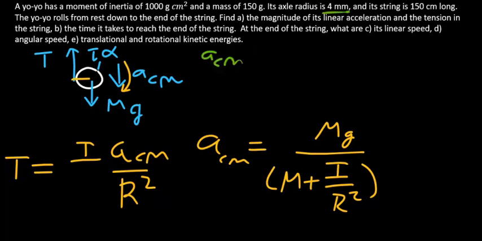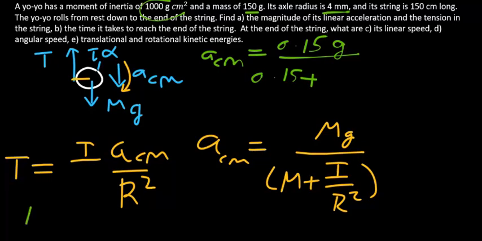So the acceleration is, the mass is 0.15 kg. I'm converting grams into kg. g is 9.81, over 0.15 plus the moment of inertia. Moment of inertia is 1000 grams cm squared. Changing the grams into kg, you get 1 kg, and 1 cm is 10 to the power minus 2, so cm squared is 10 to the power minus 4.